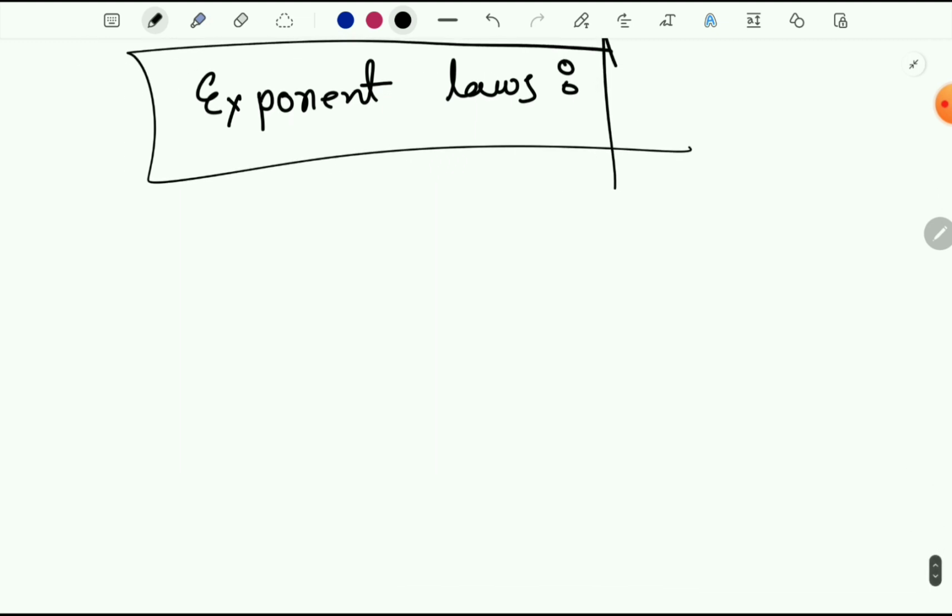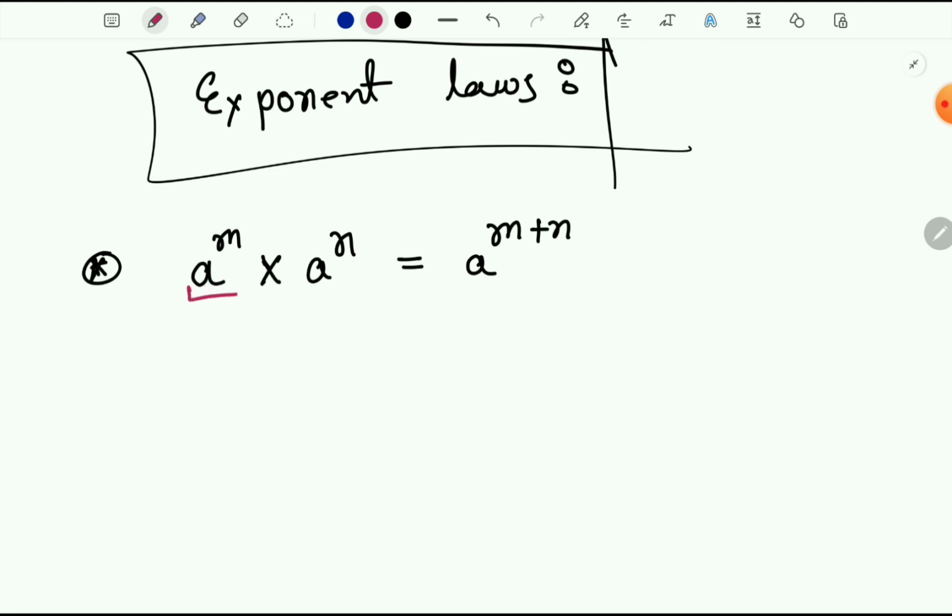The most prominent, well-known law is this: when we multiply two exponential terms, a power m multiplied by a power n, we can write a power m plus n. Remember, the important thing is that your base must be equal.